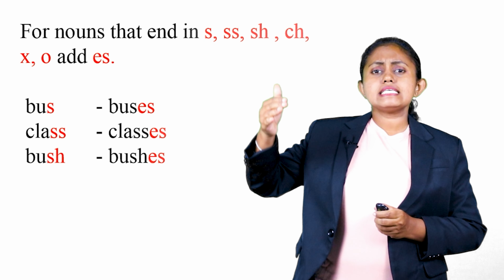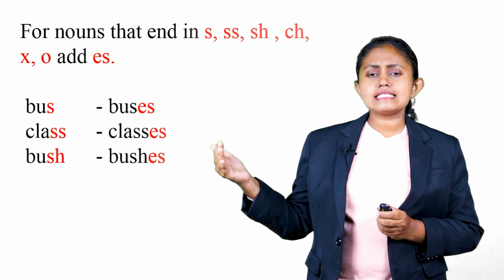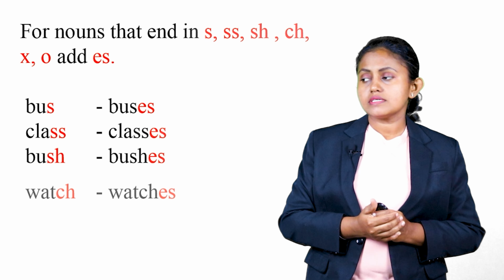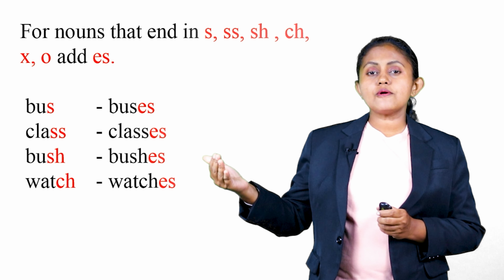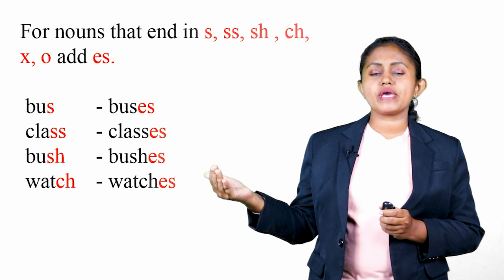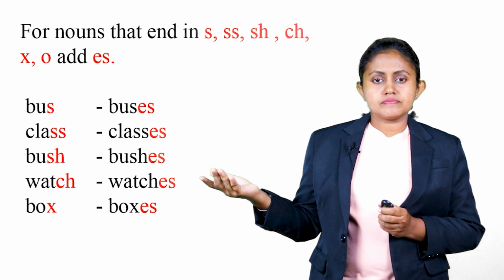Third example is bush. The noun bush ends in sh, so we can add es to make the plural noun. The next example is watch. The noun ends in ch and you can add es to make the plural of that. Box.